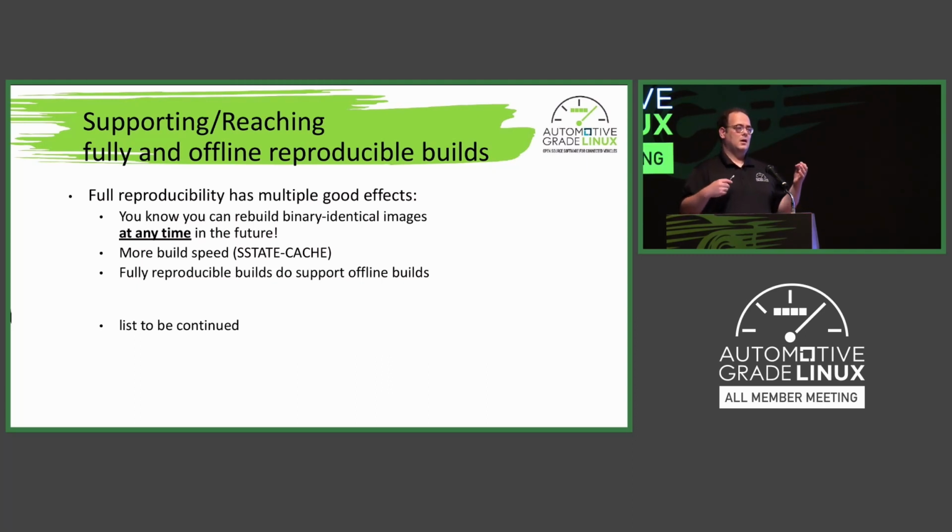Remember, BitBake as the engine has a binary cache, the sstate cache. It also means we can reuse the binary cache way more efficiently. And fully reproducible builds also support you when you do offline builds.